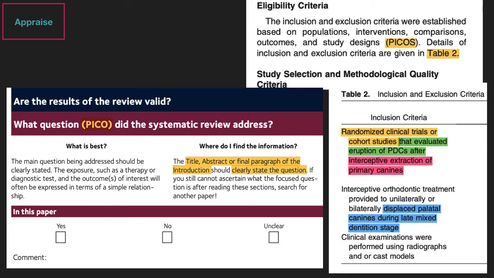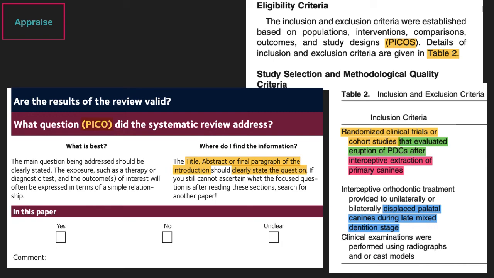Okay, I went through this systematic review and found the eligibility criteria, with details in table 2. In table 2, they wrote the inclusion criteria: randomized clinical trials or cohort studies. This is the study design.